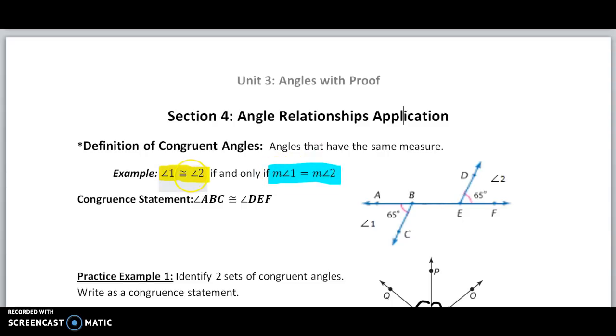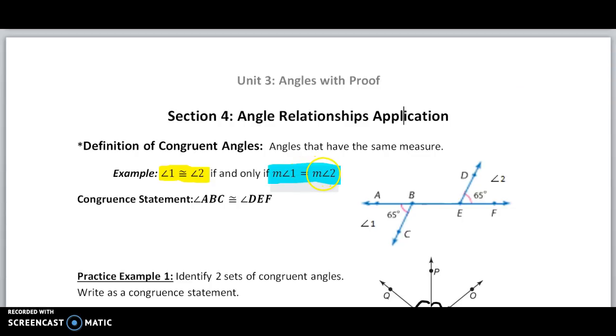So again, when I talk about congruent, I'm talking about the physical angle. So the rays and how they're placed in relation to one another at that vertex, and then comparing it to the rays and how they are compared to one another at another vertex. Okay?